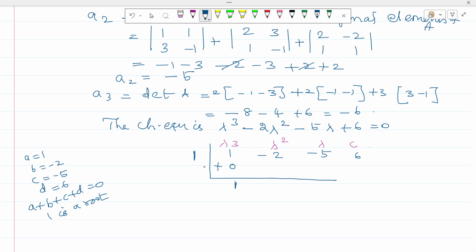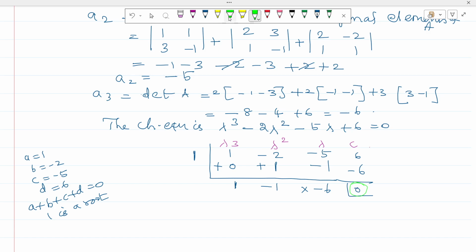Multiply 1 and 1, you will get 1 here, then minus 2 plus 1 is minus 1 here, and multiply that minus 1 and 1, then here minus 6 you will get, and multiply 1 and minus 6, minus 6, so finally we will get 0. Compulsorily you should get the value 0, otherwise your calculation is wrong.